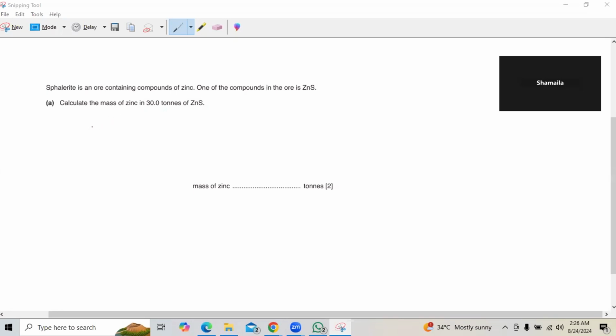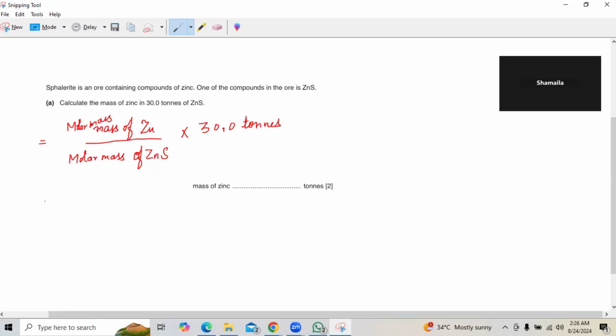So the formula should be mass of zinc equals molar mass of zinc divided by molar mass of zinc sulfide, multiplied by 30.0 tons.